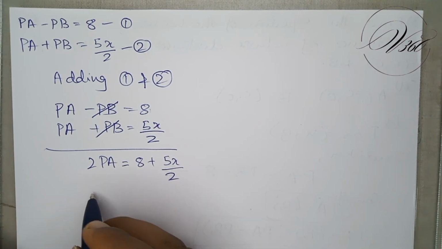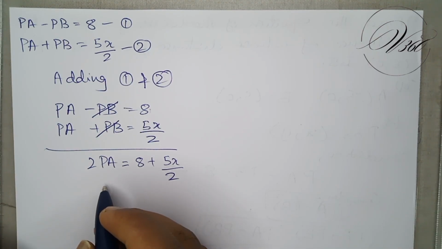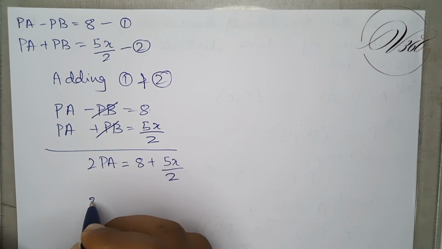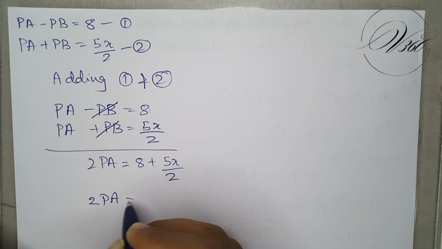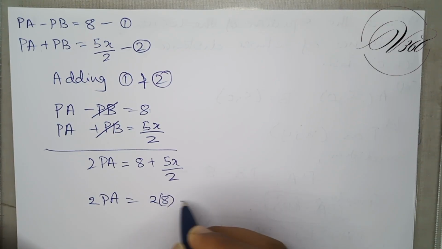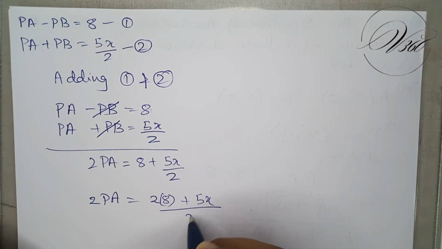Now here we will first solve. 2PA is equal to 2 into 8 plus 5x by 2.